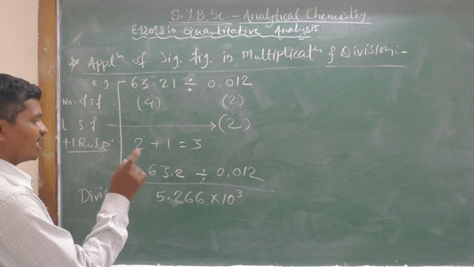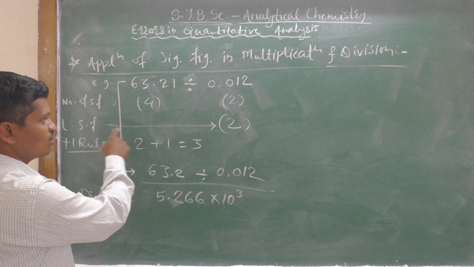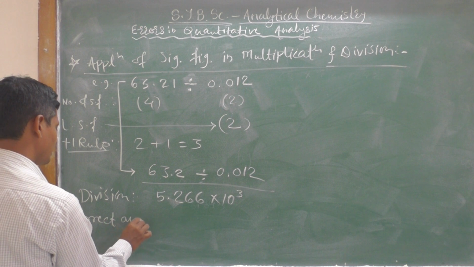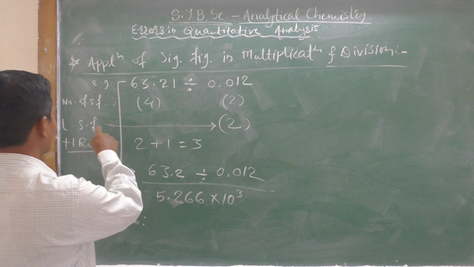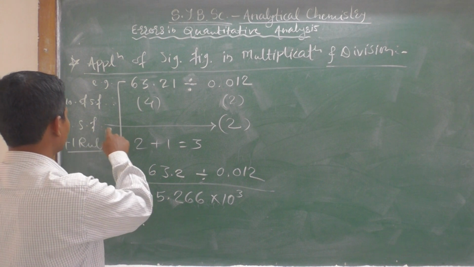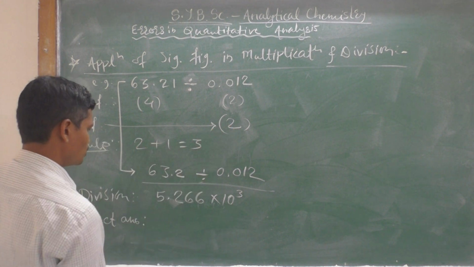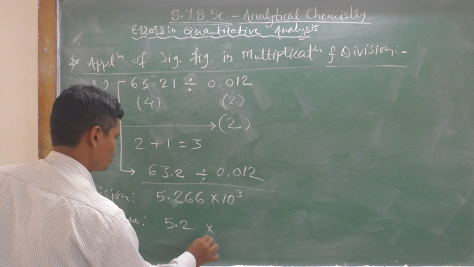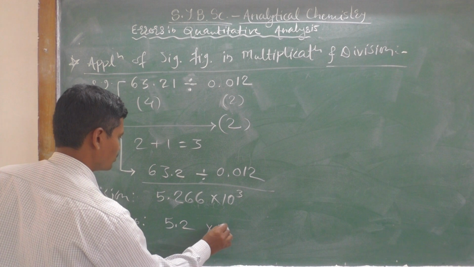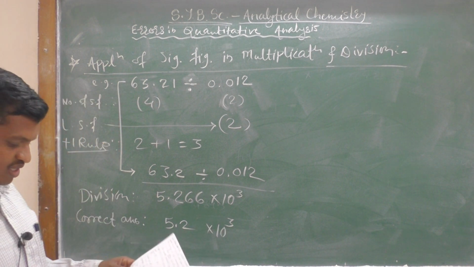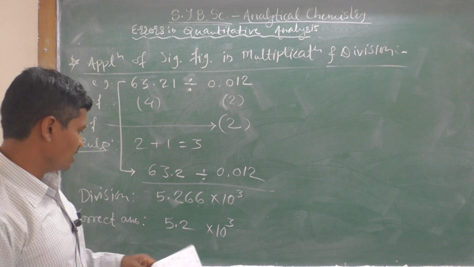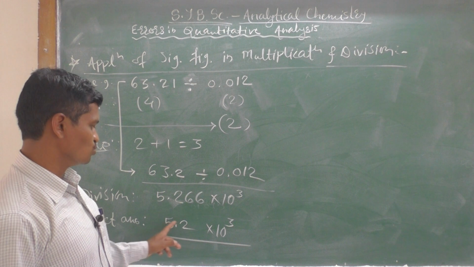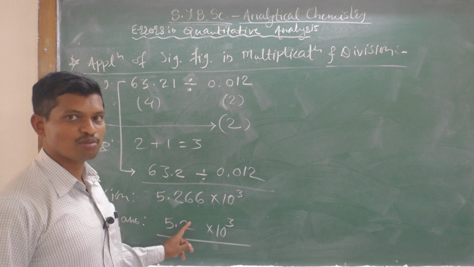Okay, but as per the least significant rule, the correct answer is, okay, so what is the least significant figure? The least significant figure is 2. So we can write only 5.2 into 10 raised to 3. This is the correct answer, because in 5.2 the significant figures are 2. These 2, 5 and 2, are the only significant figures there.